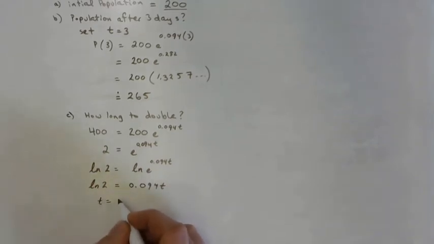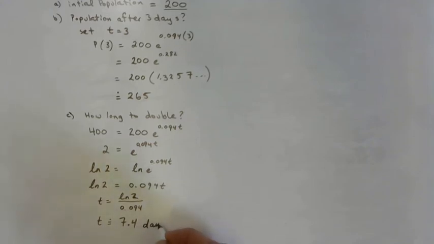So t equals the natural log of 2 over 0.094. Which tells us that t is approximately 7.4. So that's in days. That's how long it will take the bacteria culture to double, which now also gives us our doubling period.